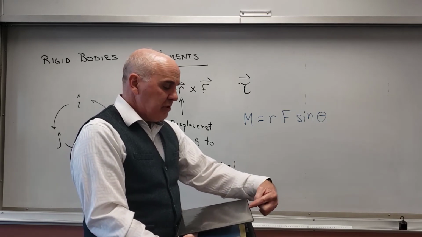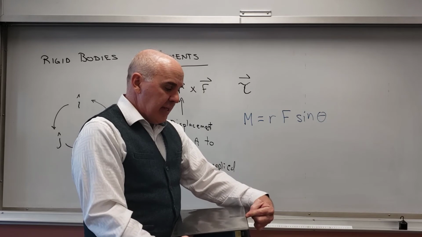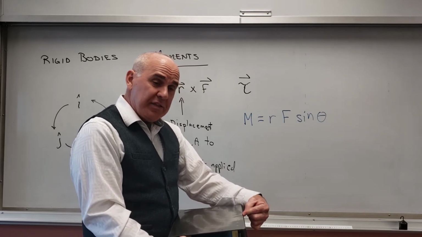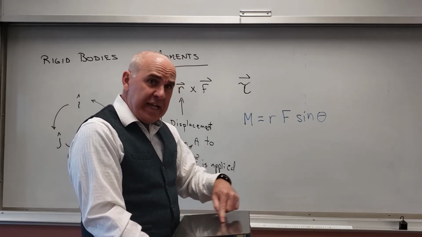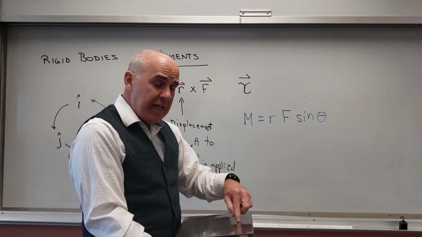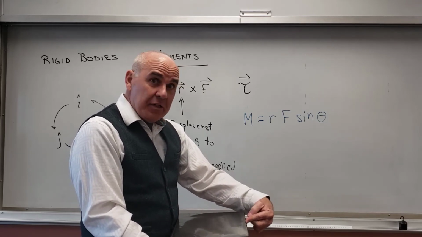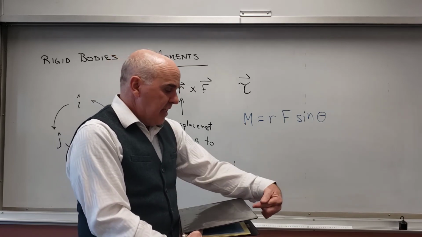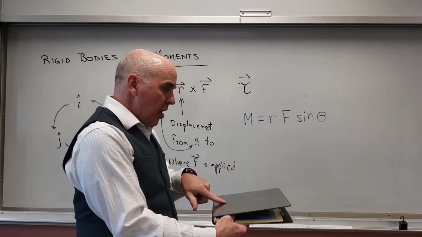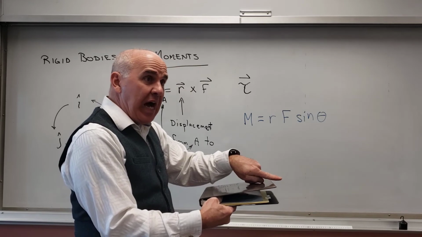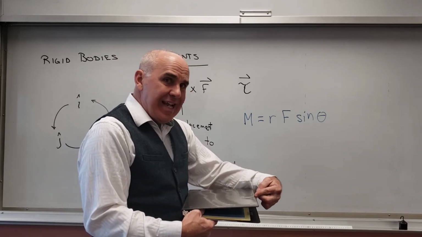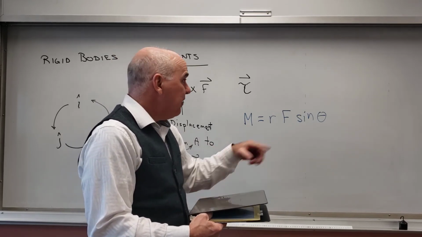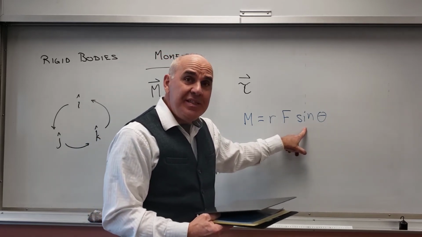But if I push, and I can push really hard, I'm pushing hard on this binder and that's not opening. R is the same. F is even bigger. But in this scenario, R is in this direction, F is in that direction. So R is, let's say, in the positive i, and F is in the negative i. They're at 180 degrees. The sine of 180 degrees is 0.